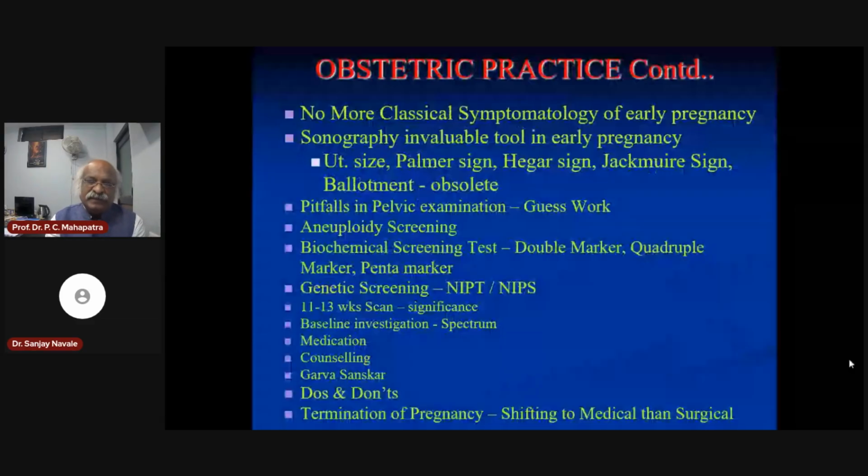The spectrum of baseline investigations has also changed. Earlier, the routine investigations were restricted to hemoglobin, ABO-RH, and then subsequently the VDRL, and the urine albumin. These were all the basic line of investigations. Now, the protocol has been expanded to the fasting blood sugar.